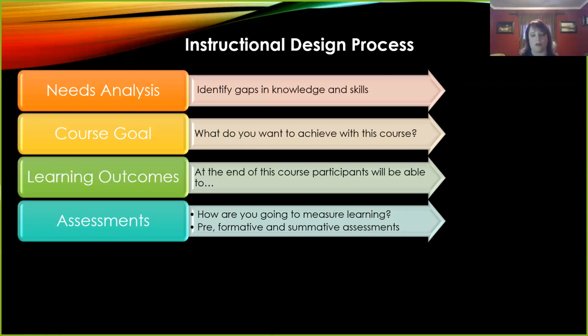So if our outcomes say that they'll be able to assess the situation and make a decision, what do we think the assessment would look like? Chances are it's going to be some sort of role-playing, case-based, so we would have a written test with scenarios, something along those lines where they have to assess the situation and articulate their decision-making.